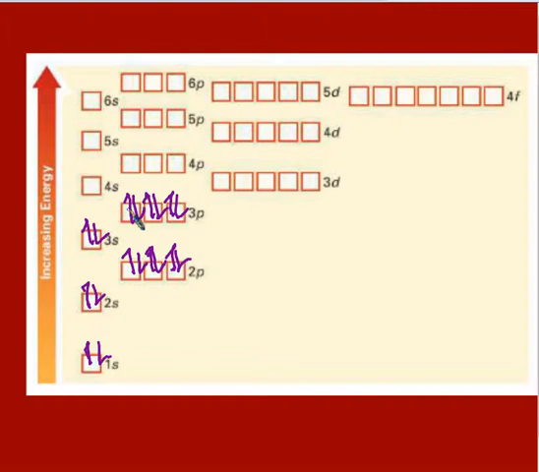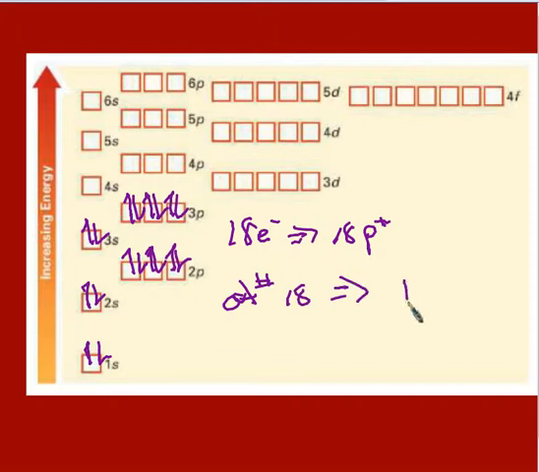Those should all be up first and then all down. That has 2, 4, 6, 8, 10, 12, 14, 16, 18 electrons, which means 18 protons, which means atomic number 18, which means argon. Argon is one of the noble gases all the way over to the right of your periodic table.